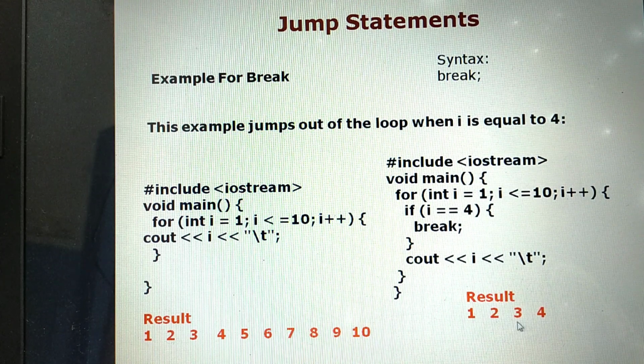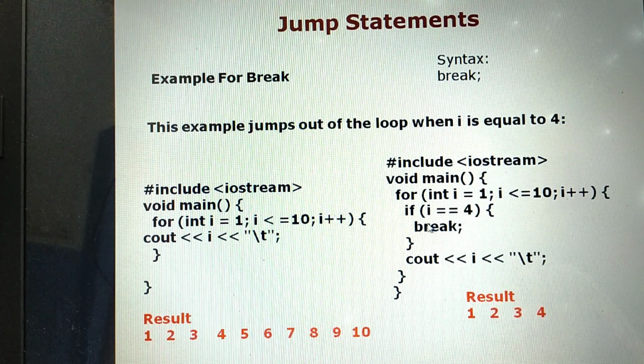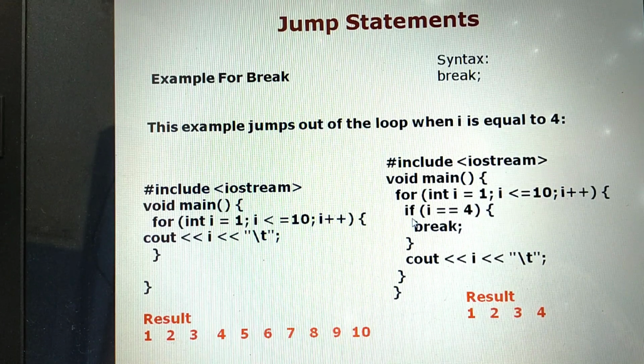Till 4 we will get the values 1, 2, 3, 4. The rest of the numbers you won't get. You will get the output like this: 1, 2, 3, 4. Why? Because we have given the condition to terminate the loop when the value of i is equal to 4. The repetition should terminate.